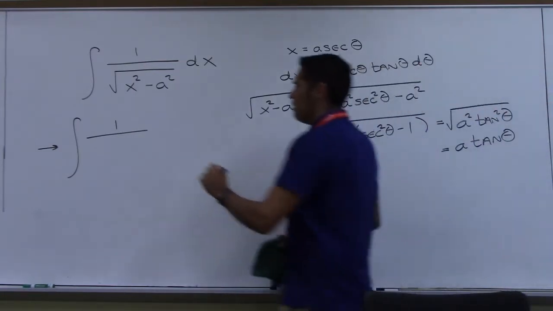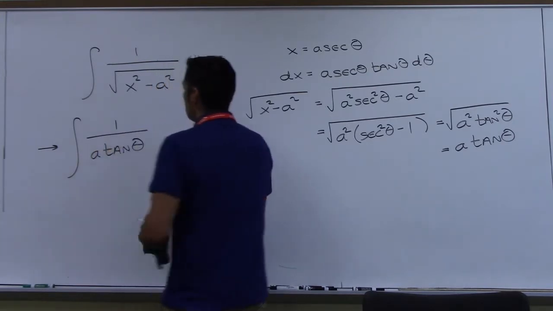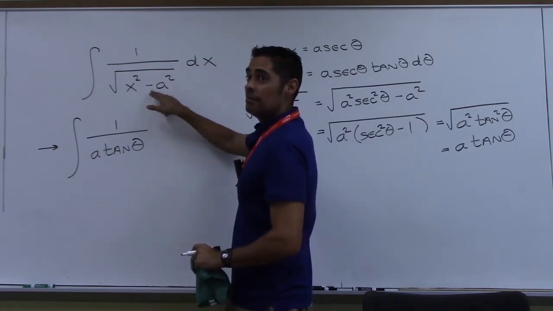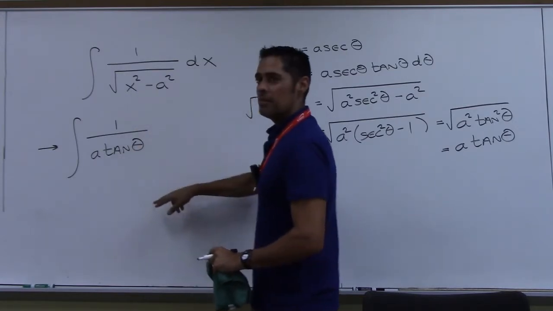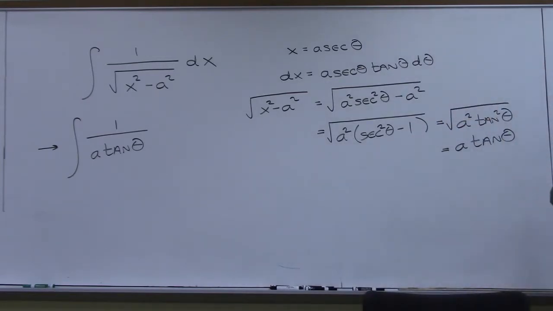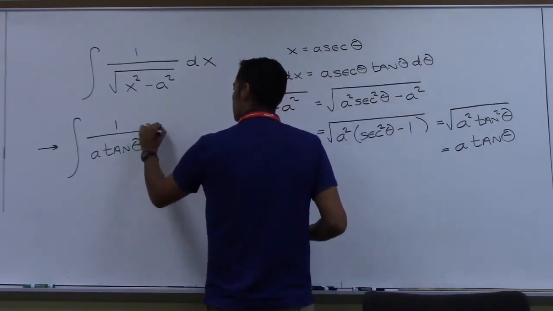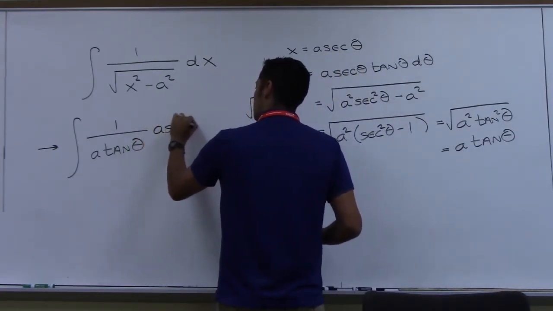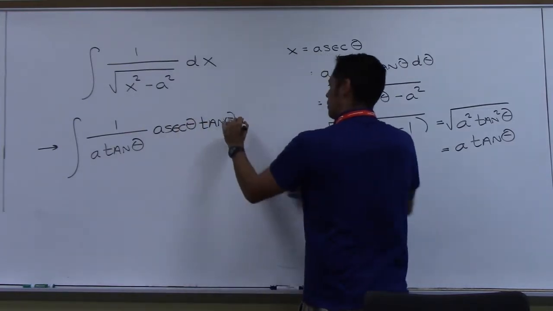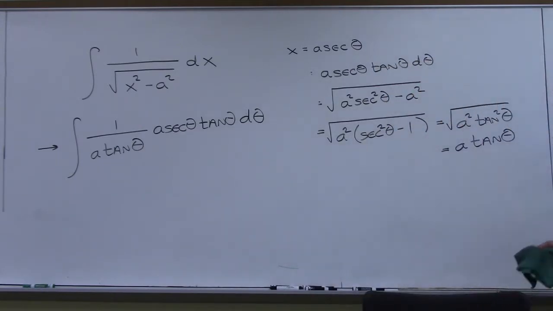Okay, so on the bottom you're going to have a tan theta. That's replacing this. Vanessa, is that good? Do you follow that? Okay, and then dx. Chris, you keep going. dx would be a secant theta tangent theta d theta. All right, good.